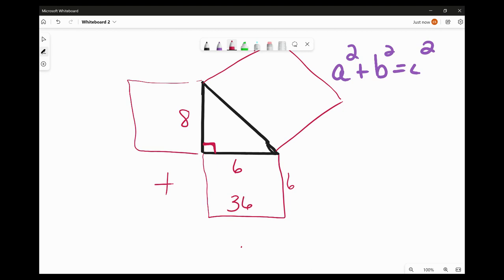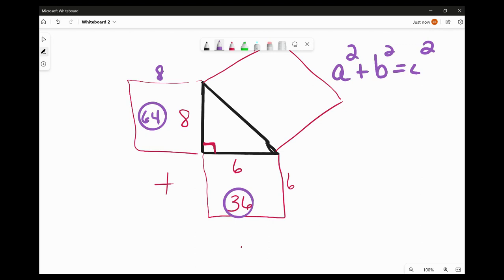Now let's take a look at this one here. On this square, the side length is 8, and that means the other side length is 8. If I multiply them together to get the area, length times width, I would get 64. That's the area of that box. So the area of this box is 36, and the area of that box is 64.